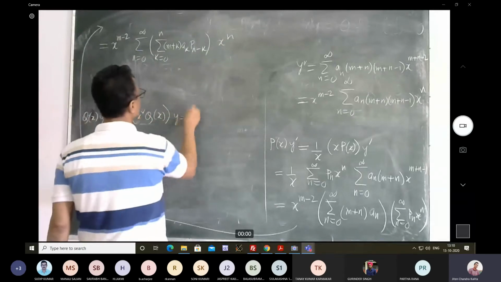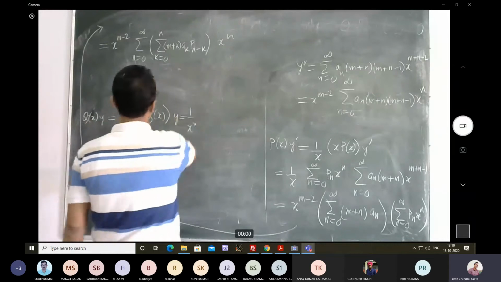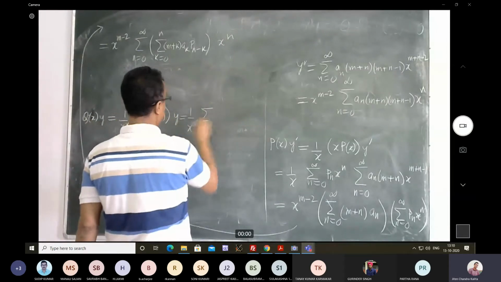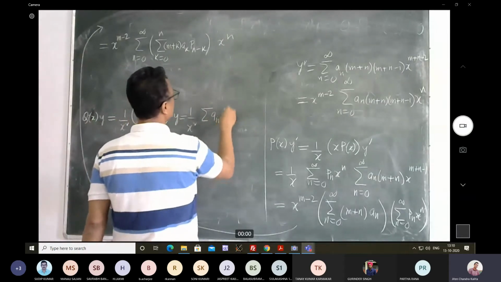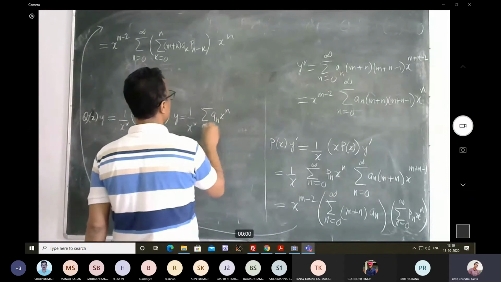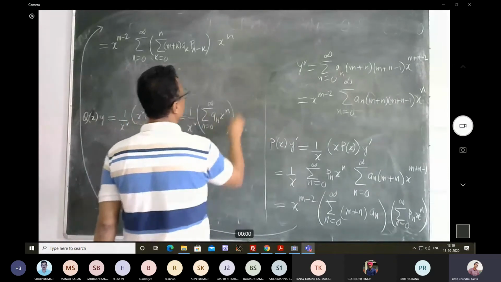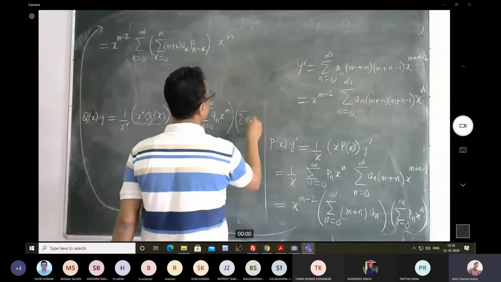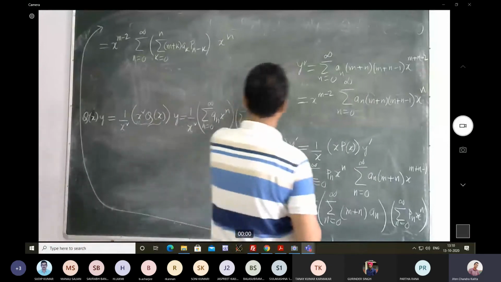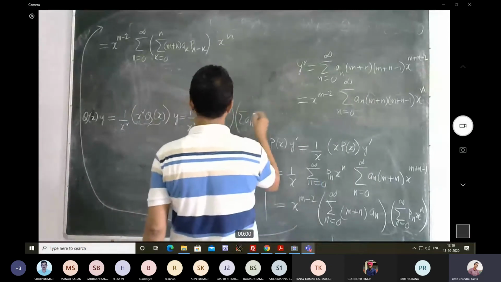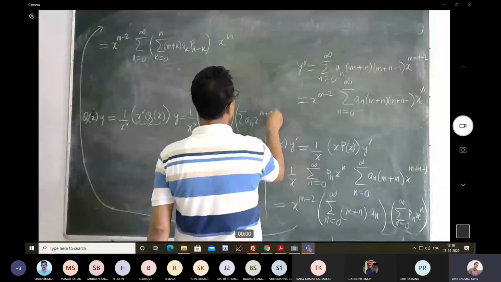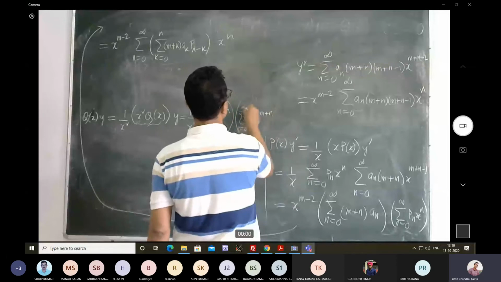And you know that this can be written as an analytic series going from 0 to infinity, and from this, a_n x to the power m plus n, going from 0 to infinity.